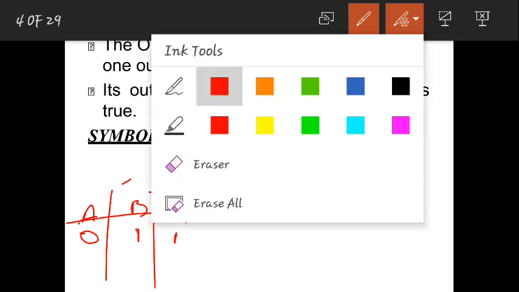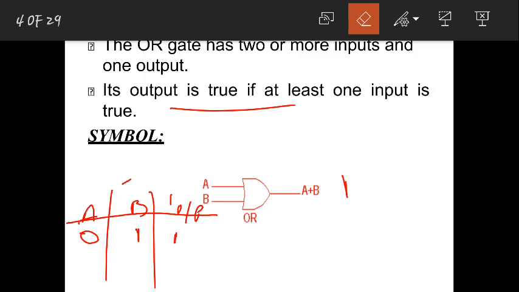Next case. Instead of 0 and 1, I will give A is equal to 1 and B is equal to 0. I just replaced A with 1 and B with 0.